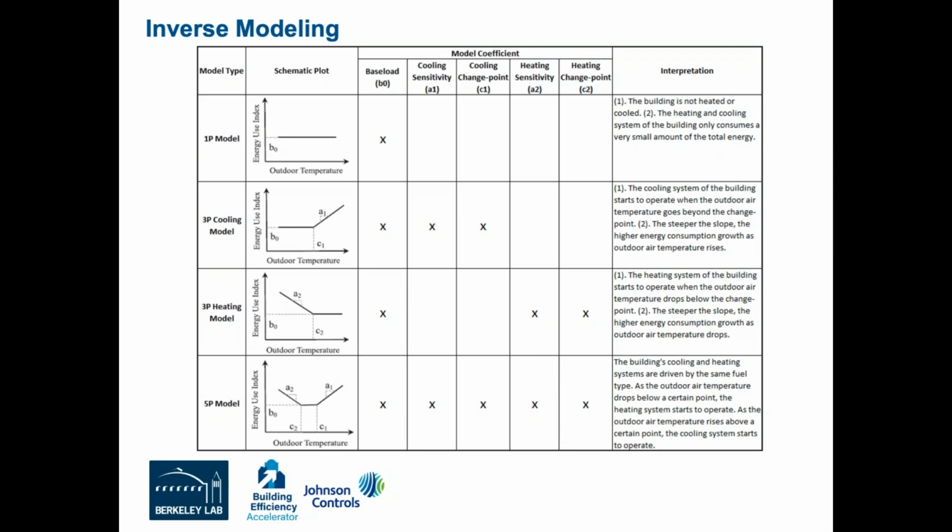We offer, again, 4 schematic plots, 4 model types, and from these model types, we glean 5 model coefficients that we benchmark and analyze in order to determine a building's weather independent and weather sensitive energy consumption and the types of energy efficiency opportunities that exist.